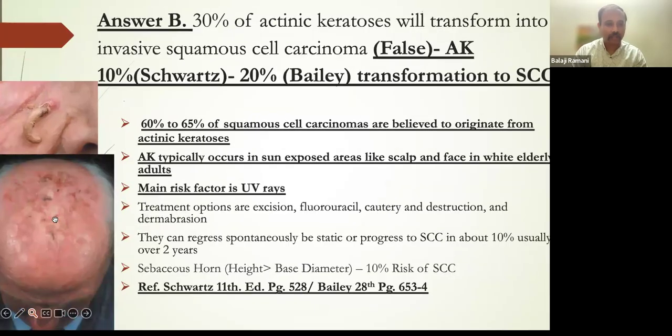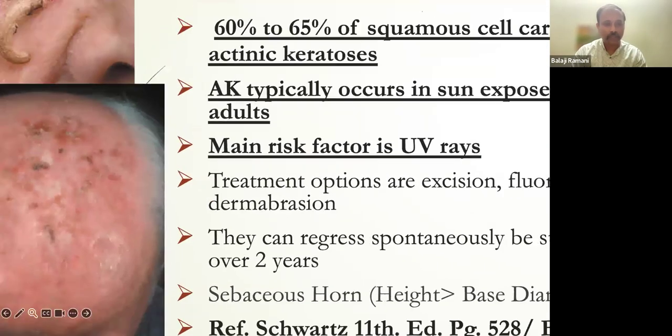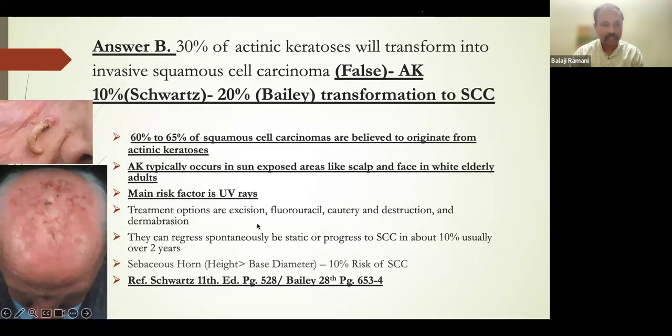This is your classical actinic keratosis. Usually the main factor is UV rays exposure. Typically exposed areas of the skin like scalp and face, and elderly, especially the white population, this is common. In India, we don't get so much actinic keratosis, but in the West, actinic keratosis is very common, and that leads on to malignancy in about 10 to 20% of patients. In fact, 60 to 65% of cutaneous SCC are thought to originate from your actinic keratosis.